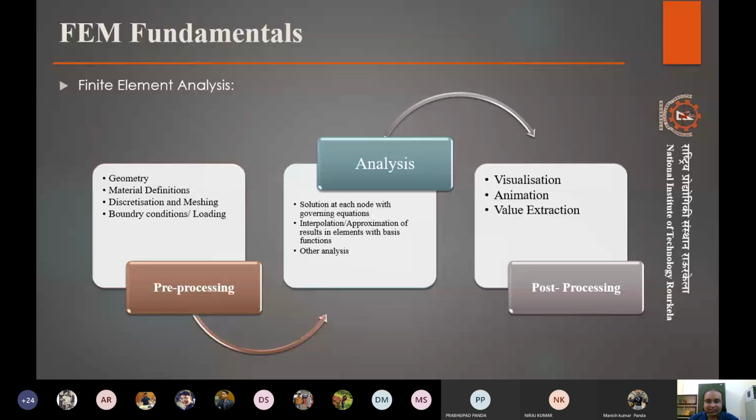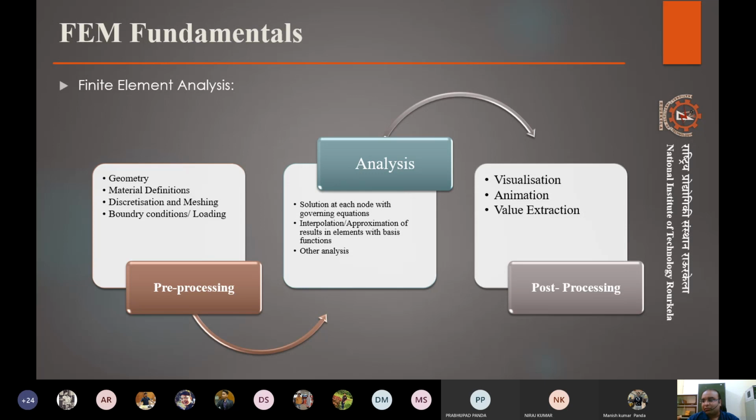Then the analysis is done on the back end, and the visualization. So visualization is very specific to what software we are using. What you do with your data that is processed from the analysis is up to the user or the programmer in this case.